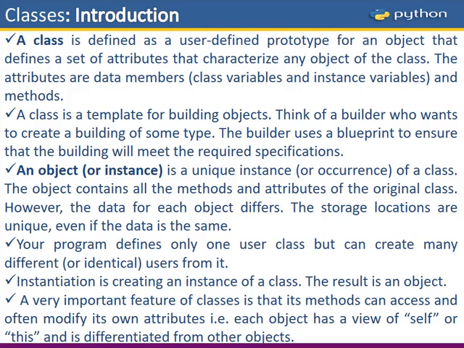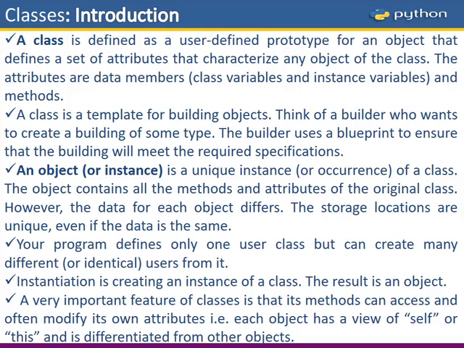So the object contains all the methods and attributes of the original class. The data for each object will always be different, and the storage locations as well are unique, even if the data is the same.